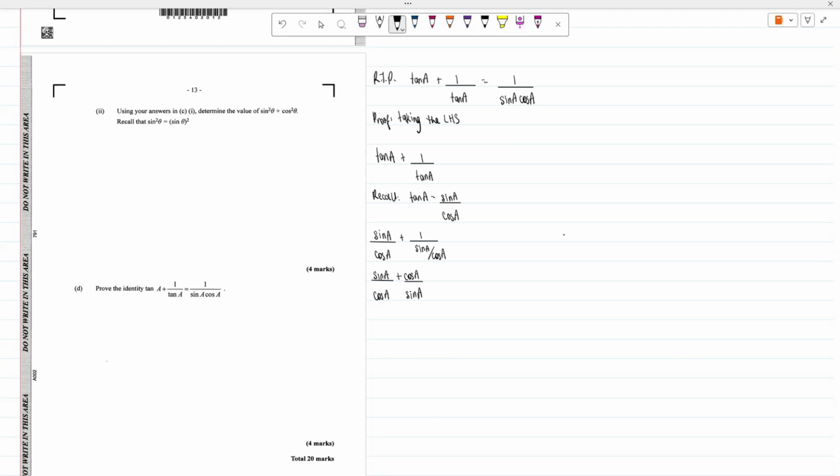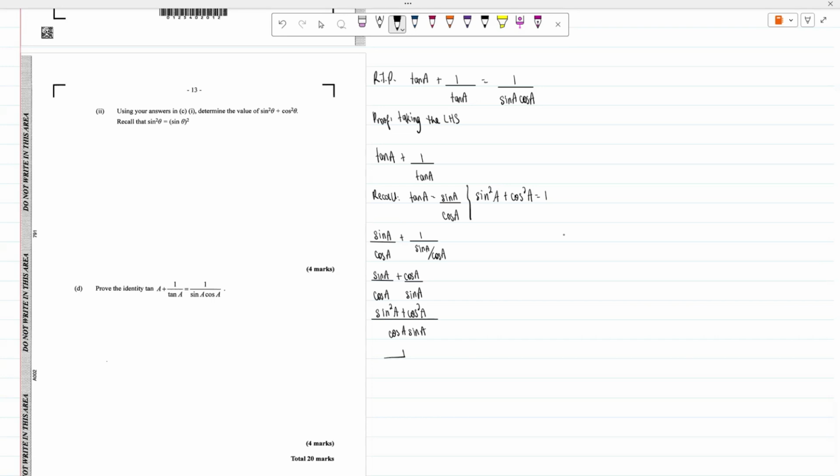All right, LCM down the place. I'll get sine squared A plus cos squared A over sine A cos A. Well, cos A sine A. I'll go back up to my recall line and I'll recall sine squared A plus cos squared A is equal to 1.